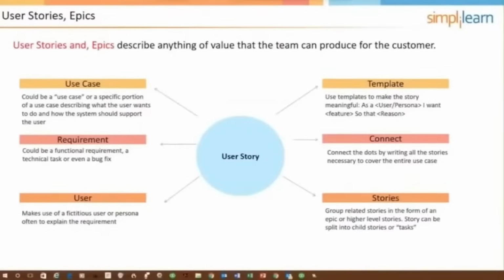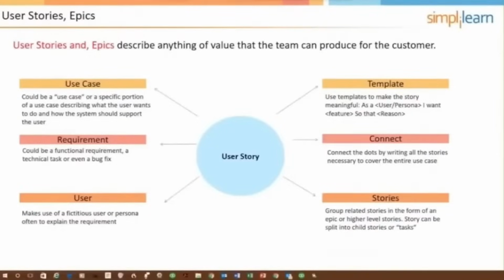Below that, I would put epics. Epics are low priority, large user stories, meaning that an epic will eventually have to be disaggregated into more user stories. The reason it would be low priority is because if an epic was higher up on the product backlog, it would have to be detailed.